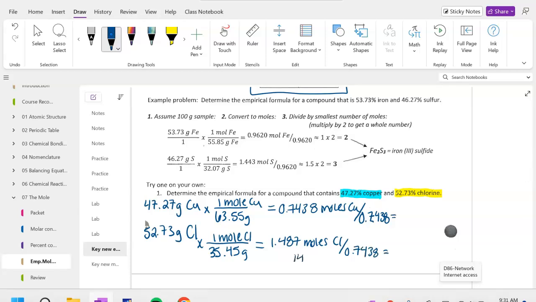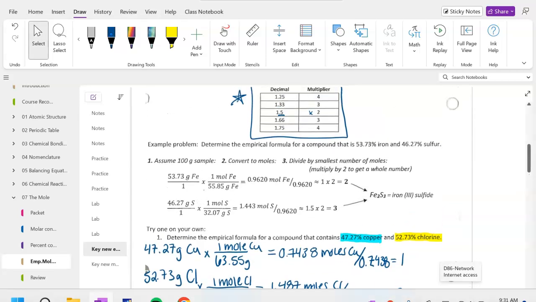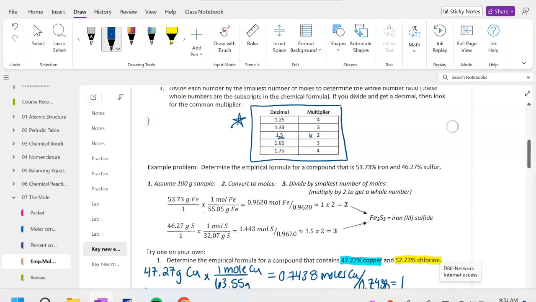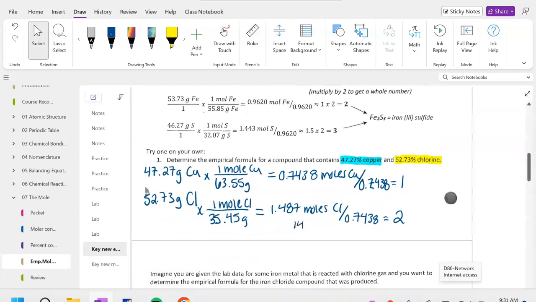When we do that, I get a 1 for copper, and for chlorine the closest whole number is going to be really close to 2. It's going to be super obvious at this step. Either you're going to get close to a whole number or you're going to get close to those decimals listed up at the top. Think about your fractions, like 1/4, 1/3, 1/2, 2/3, 3/4. In this case, I don't need a multiplier.